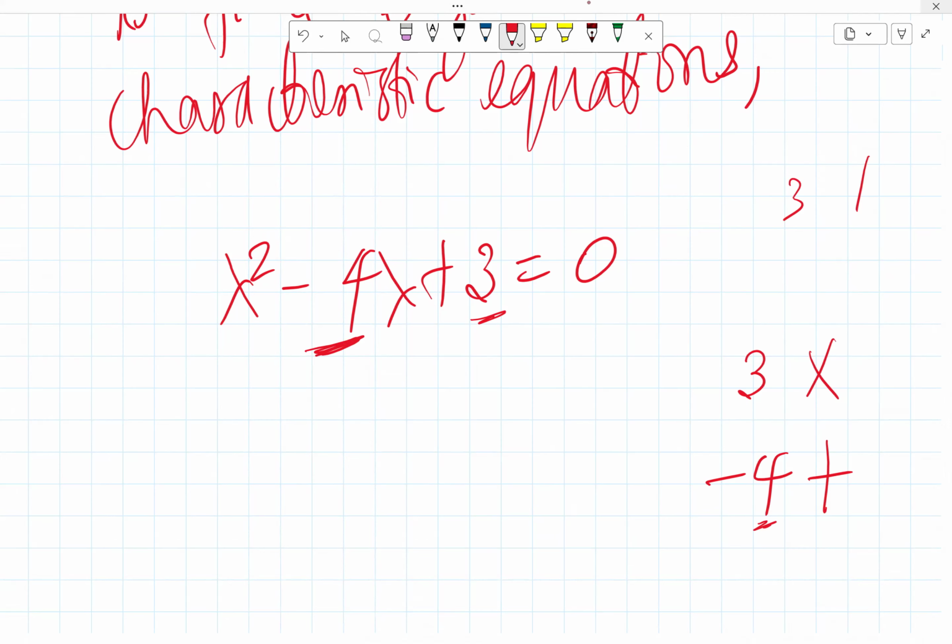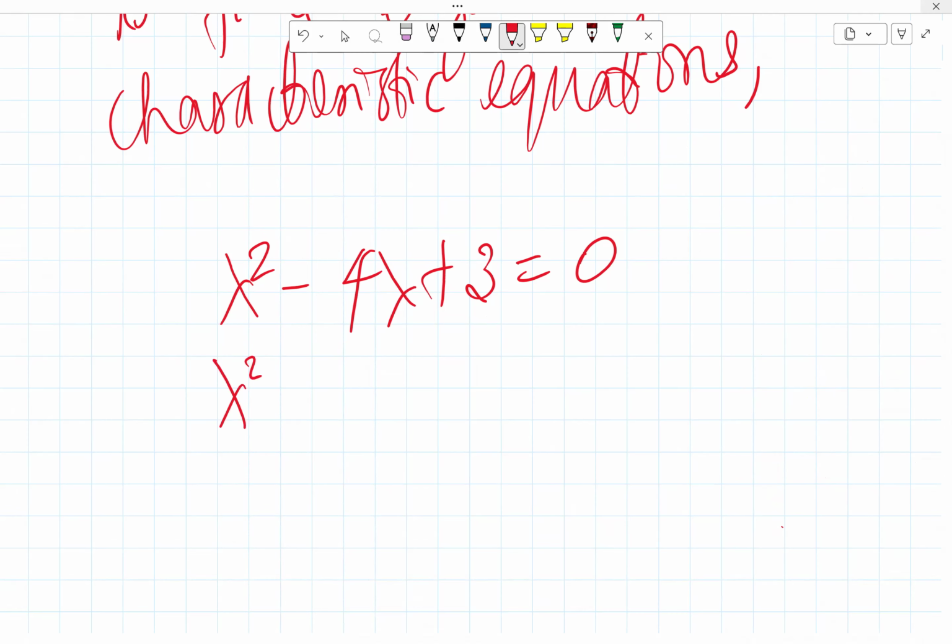Since the product is positive, the signs must be the same, and if it is plus plus, you won't get minus 4. So you can do minus minus: minus 3 times minus 1 is 3, and minus 3 minus 1 is minus 4. So that works, and you have minus 3 and minus 1 for your factorization.